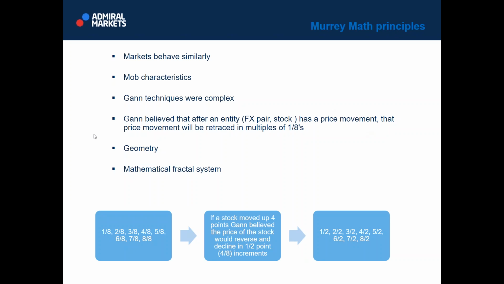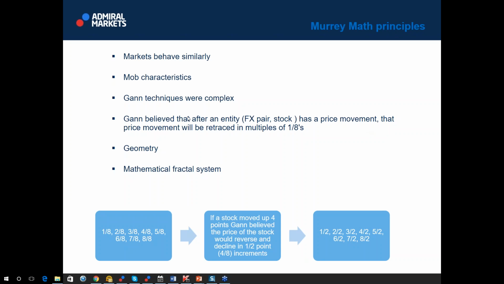So that is, let's say, a form of pivot point with its own set of principles. First of all, one of the main principles of Murrey Math is that markets behave similarly. The main assumption is that all markets behave in the same manner, because all markets are traded by a mob, and hence they have similar characteristics.